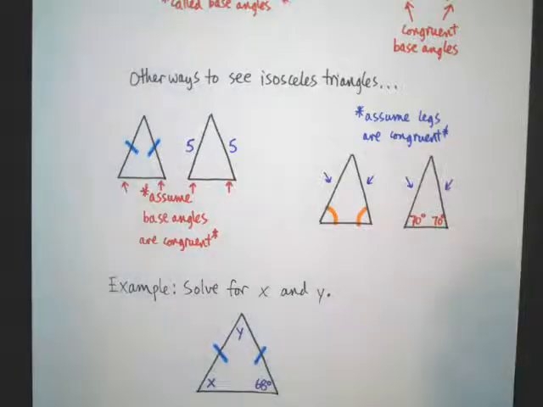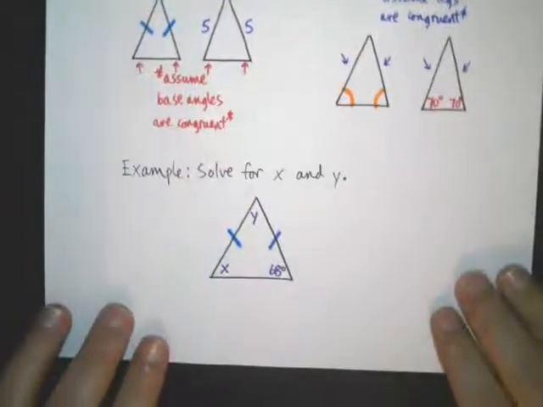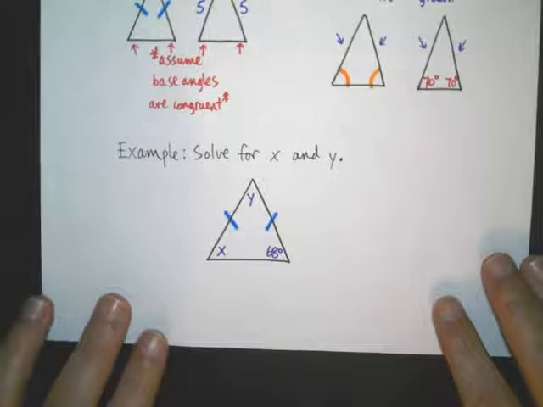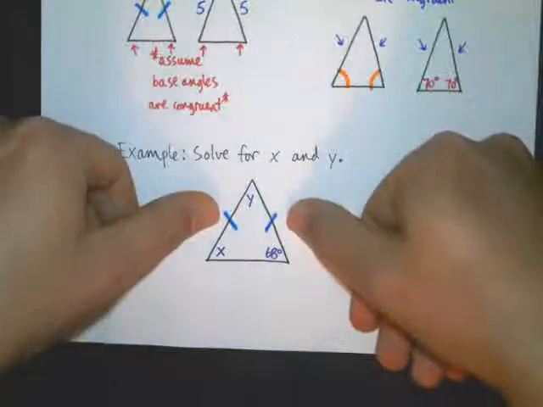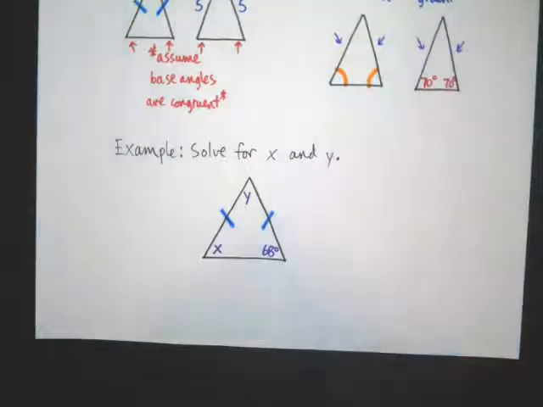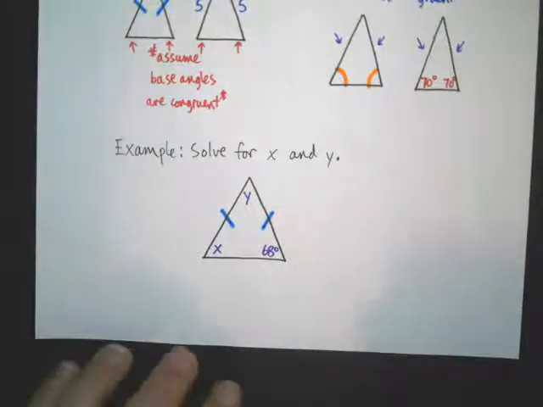All right, so that brings us to our first example problem. This example says, solve for x and y. We've definitely got an isosceles triangle because the two legs are congruent. So the very first thing that we can assume is that the base angles are congruent.